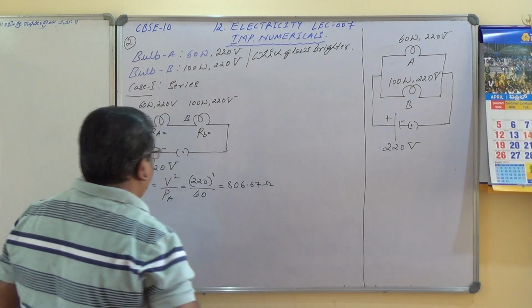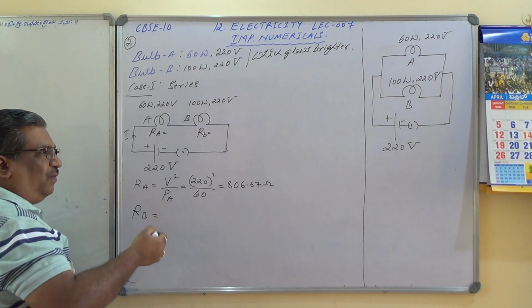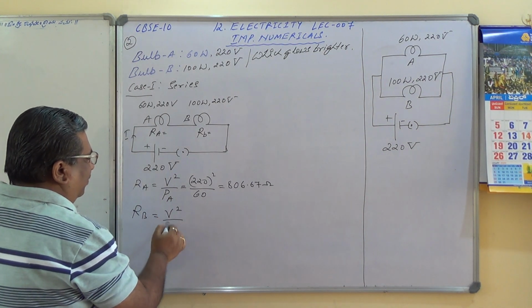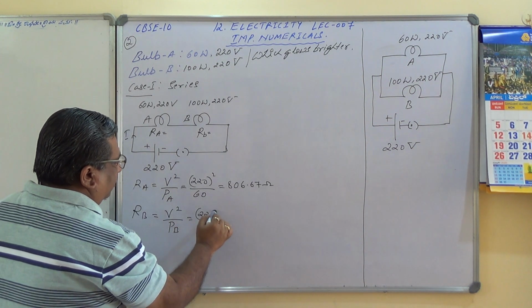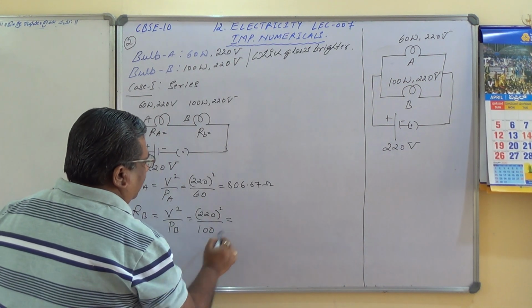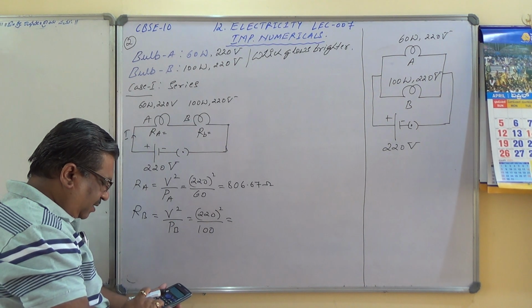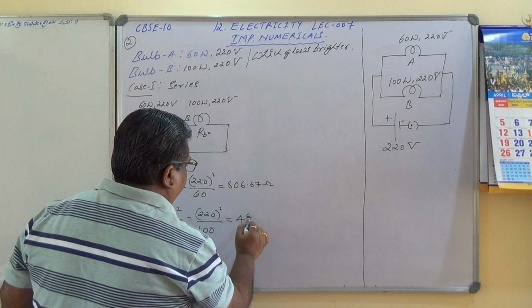Similarly, resistance B: P is equal to V square by R, so R is equal to V square by P, V square divided by PB, 220 the whole square divided by 100 watts, which equals 220 into 220 divided by 100, 484 ohms.